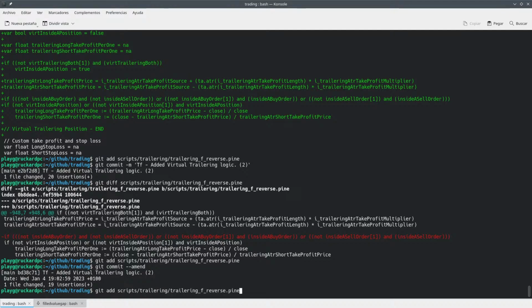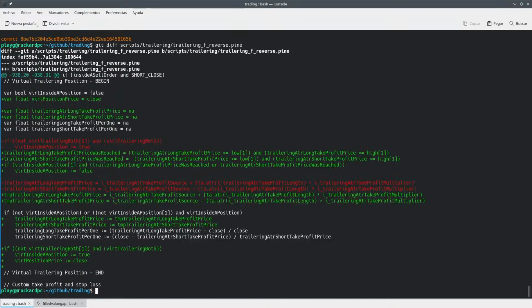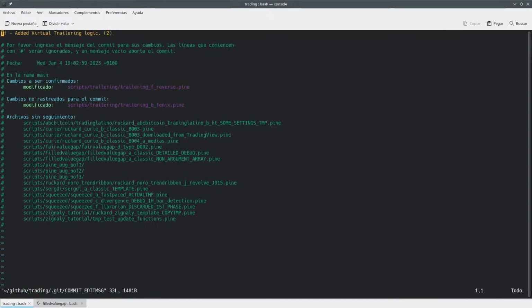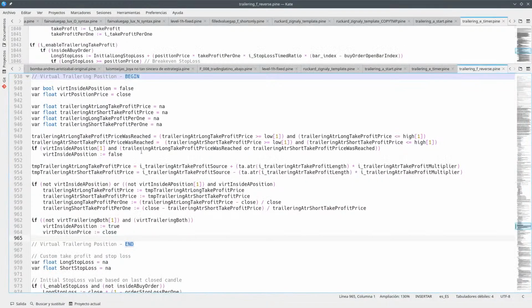So what's the last commit? Virtual trailing logic. Yeah, we can just amend the last commit, if I'm being honest. Yeah, that's it. Okay, now we need to fix, to test, to think.